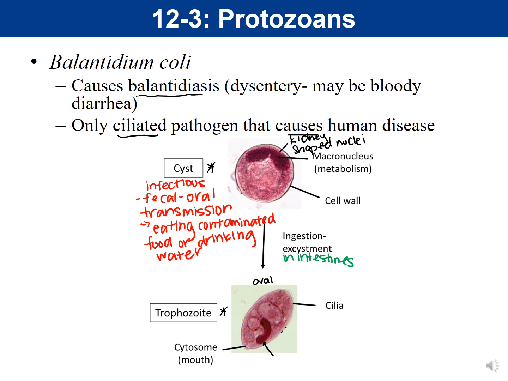So there's many ways that you can consume fecally contaminated food or water. So again, using human feces as fertilizer is a big problem. Water that's been contaminated either by sewage or by somebody having a bowel movement in it, etc., would all be ways that you could get Balantidium.